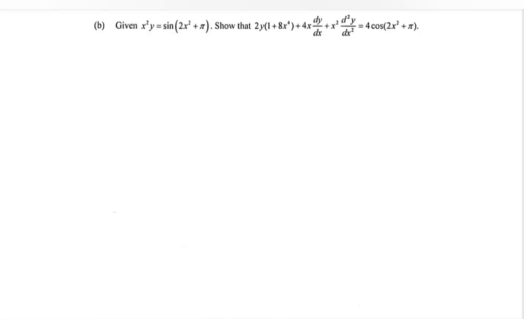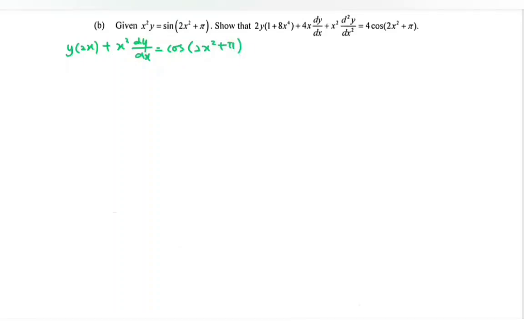Next, focus on the b. Given the situation, we have x squared y equals sine bracket 2x squared plus pi. So let's focus on the situation, making use of the product rule. So here we have y bracket 2x, plus we have x squared, differentiate the y, and we will have dy/dx, which equals, if we differentiate the sine, we will have the cos bracket 2x squared plus pi.